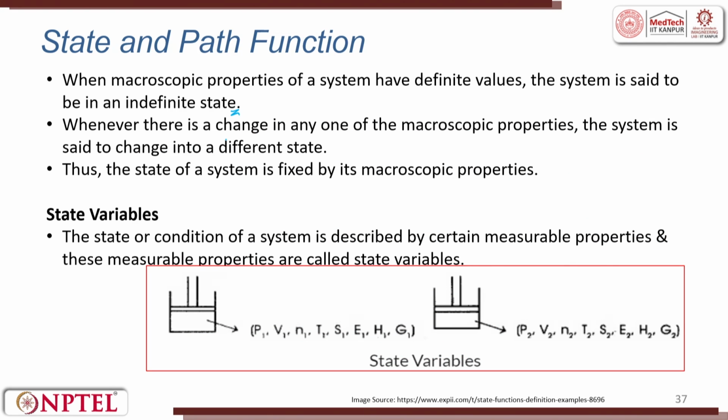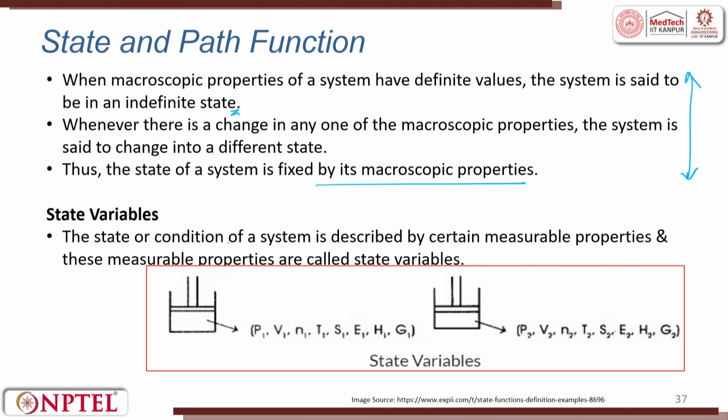Whenever there is a change in any one of the macroscopic properties, the system is said to change into a different state. Thus, the state of the system is fixed by its macroscopic properties. Clear? This is very important. The state variables. Let us understand the different types of state variables.